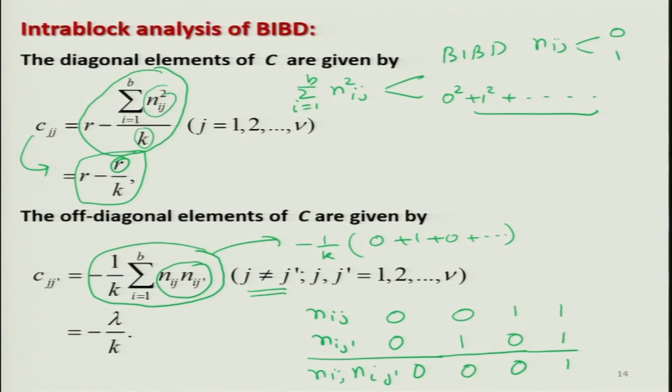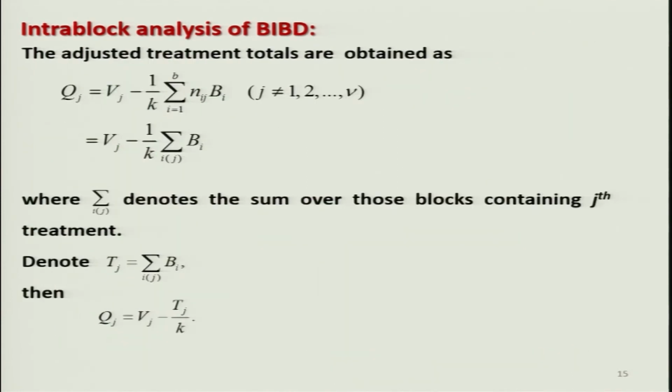According to the definition of BIBD, a pair of treatments appears lambda times in the entire design. So, this summation is going to be lambda, and we can write Cjj prime as minus lambda upon k. These are the off diagonal elements of the C matrix.